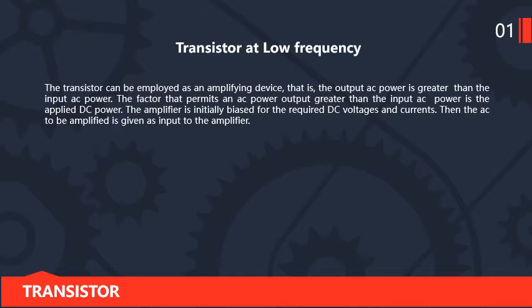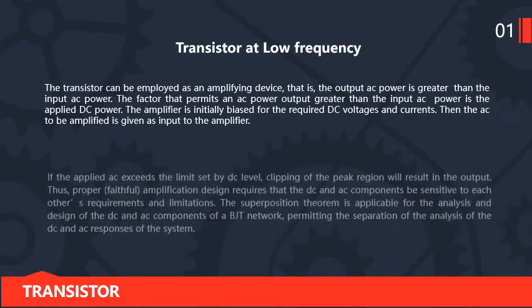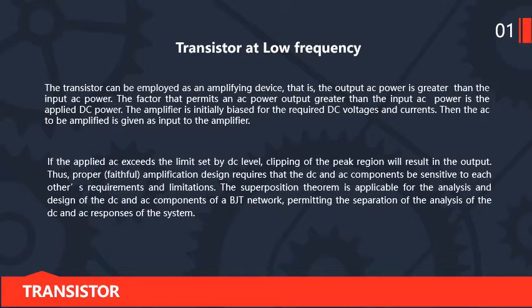The amplifier is initially biased for required DC voltage and currents. Then the AC to be amplified is given as input to the amplifier. If the applied AC exceeds the limit set by the DC level, clipping of the peak region will result in the output.